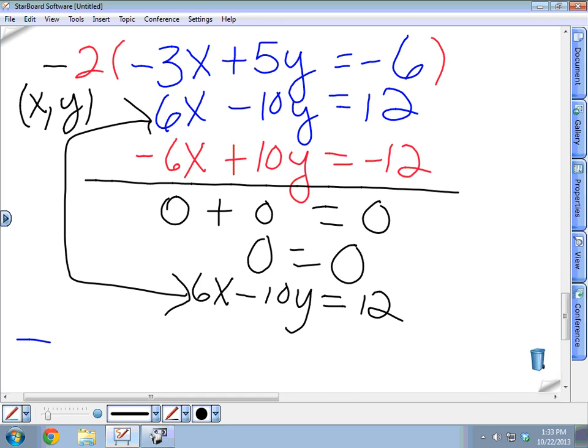Pick an x value, Michael. Pick an x value. 10. Okay. If x is 10, what is y, Michael? That would be, if that's 10, that's minus 30 plus 5y equals negative 6.